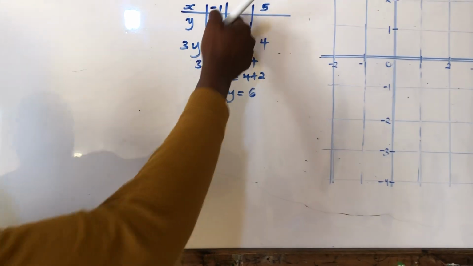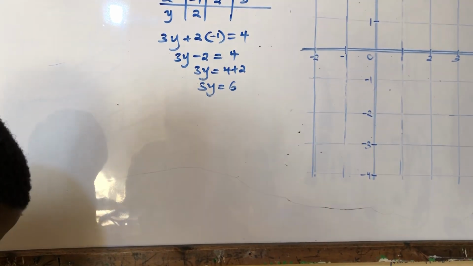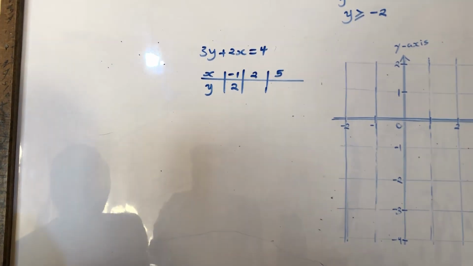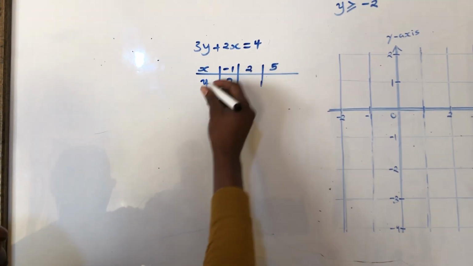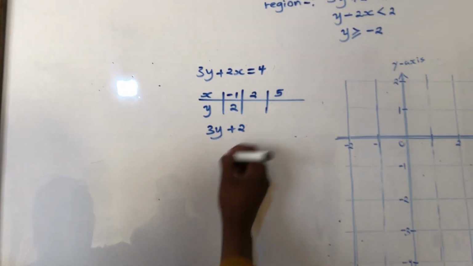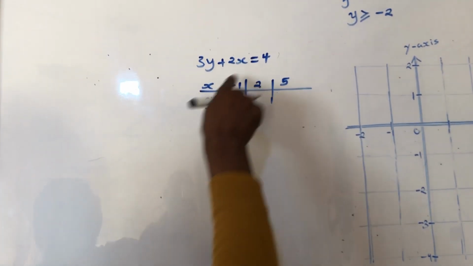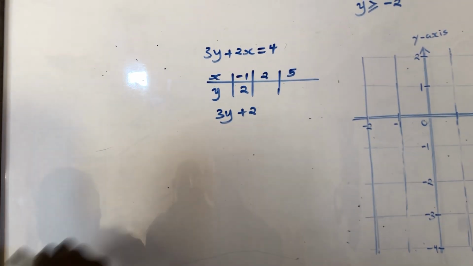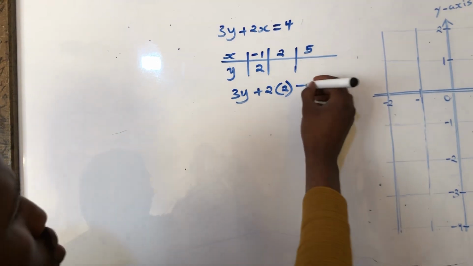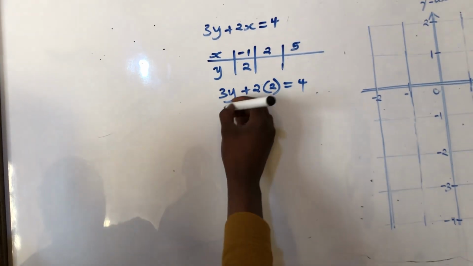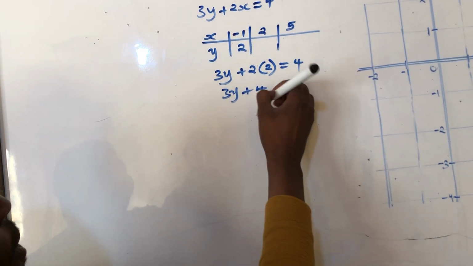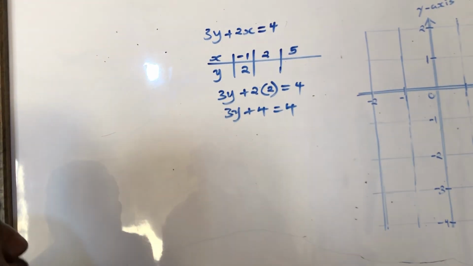Taking us to the number 2, take your equation, which is 3y plus 2x is equal to 4. In the place of the x, substitute the number 2. 3y plus 2 times 2, which gives us 4, is equal to 4.